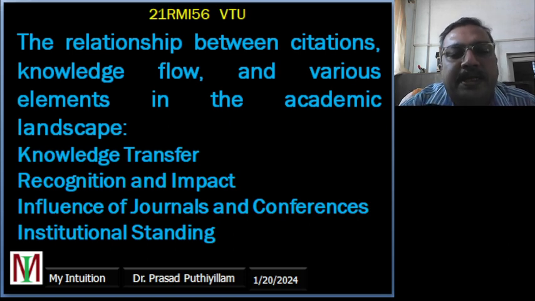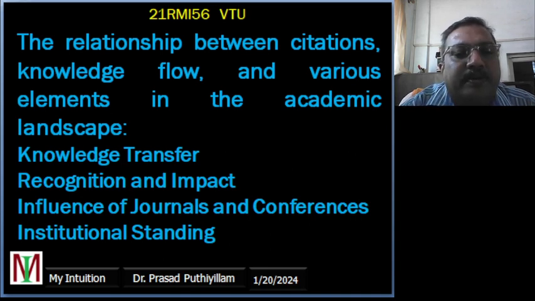The influence of journals and conferences: if you have highly cited journals and conferences, it helps in spreading the impact of our research work. If you have better citations, if well-known authors' papers are submitted, a well-known journal will accept them easily.